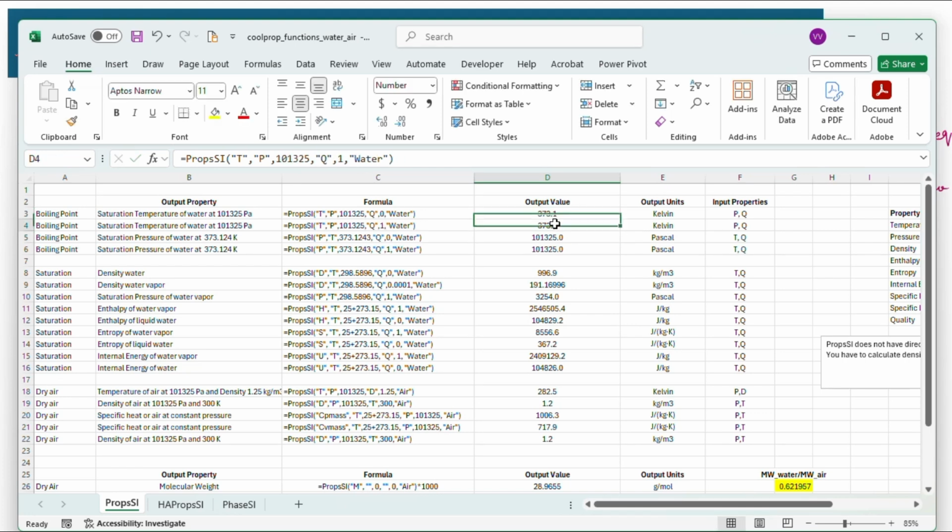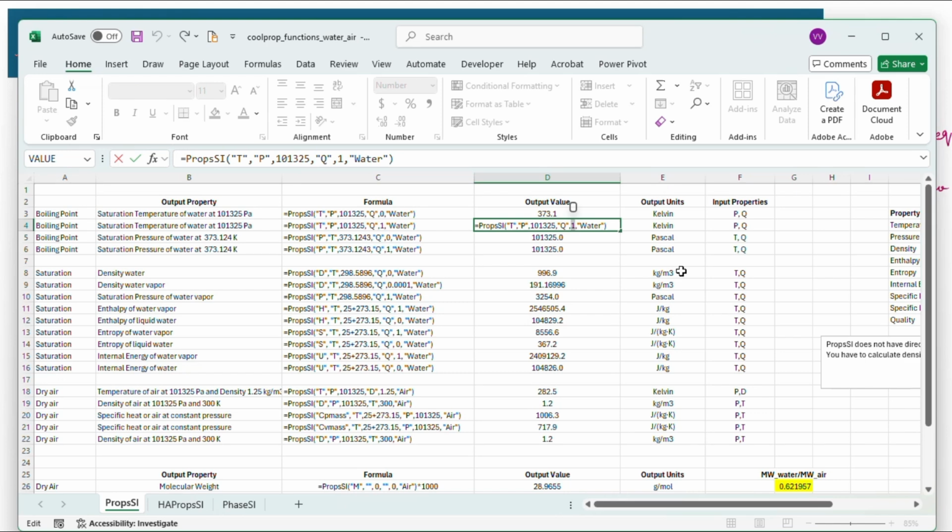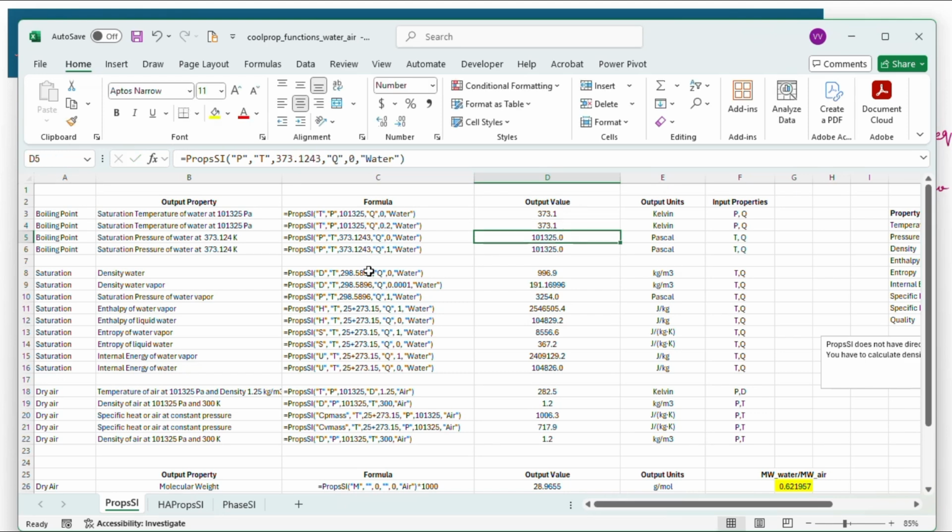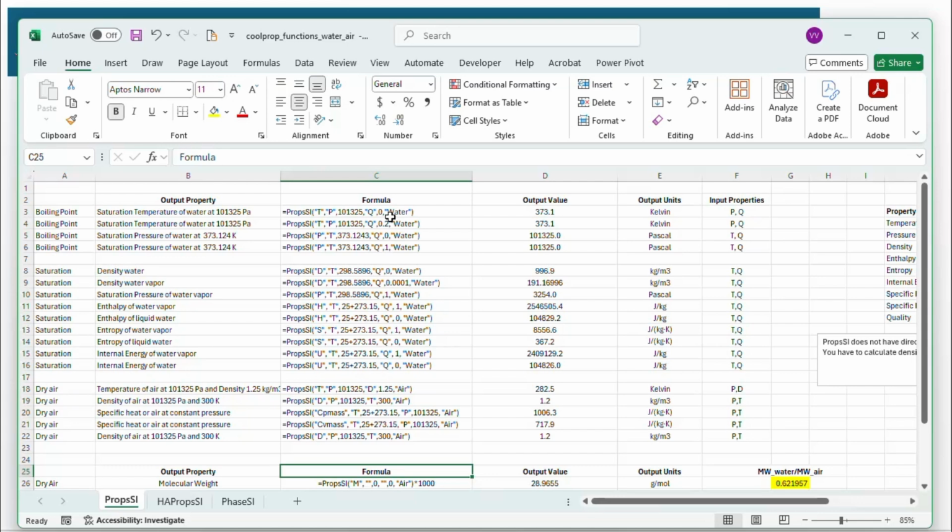So 1 gives the same value. Now let's change this to 0.2. Okay, it's the same value. So regardless of what you put in there, you will get that same value because you're on the saturation curve. Now this goes for calculating pressure using temperature too. Okay, so you can try any value from 0 to 1, you'll get the corresponding saturation pressure.